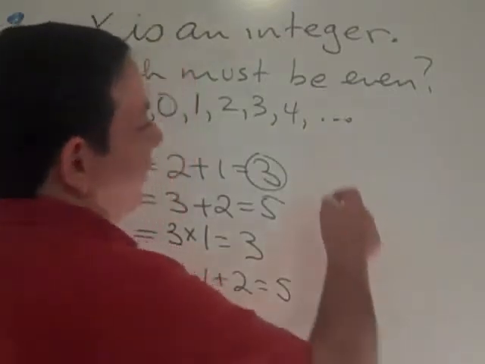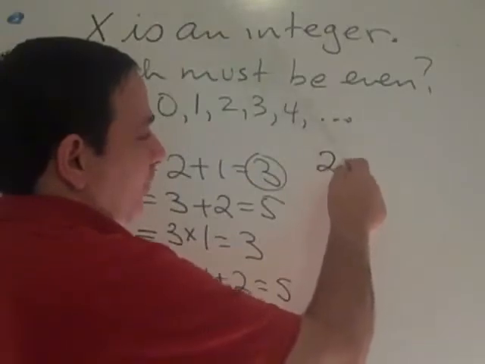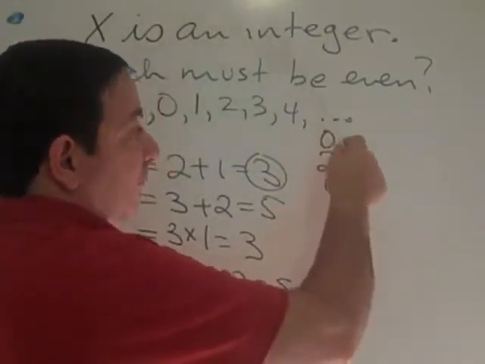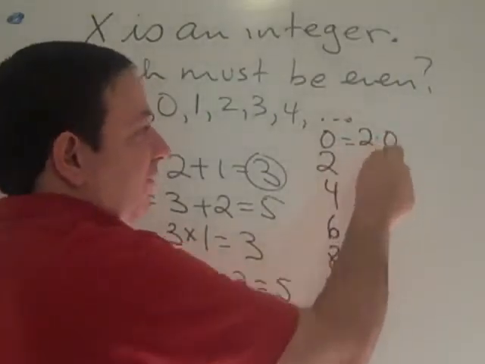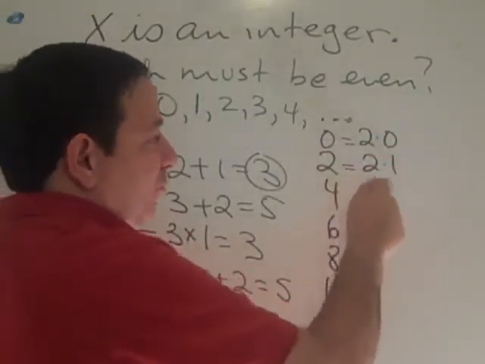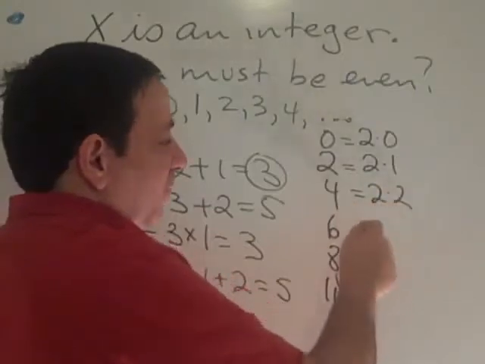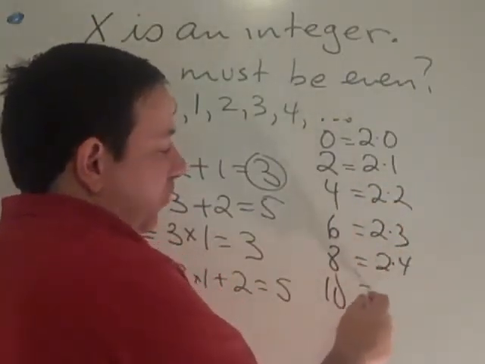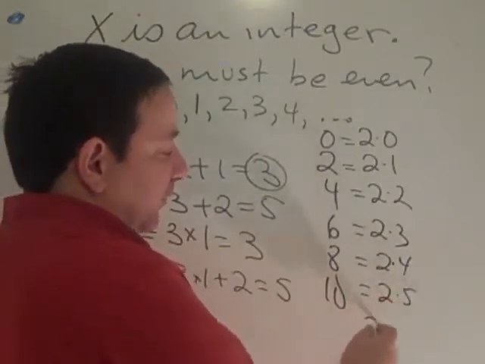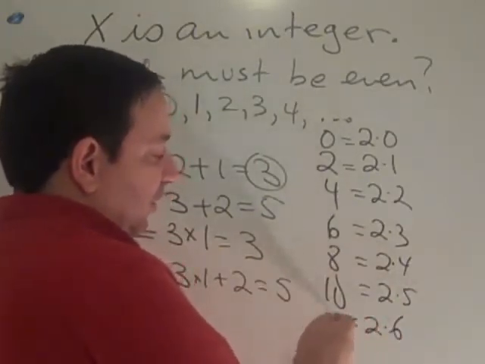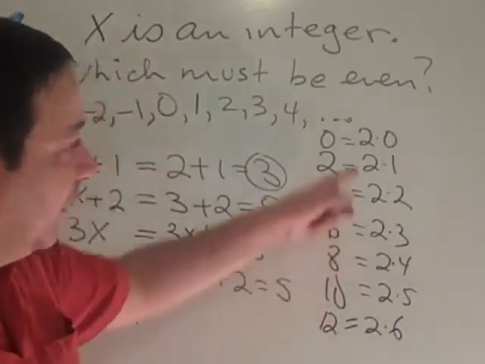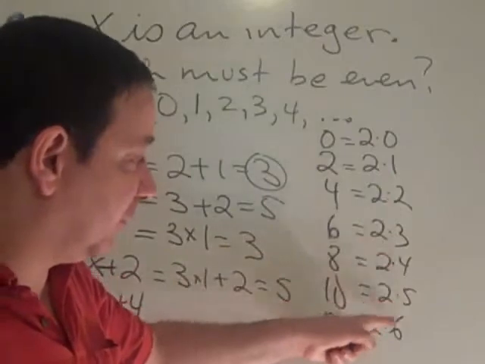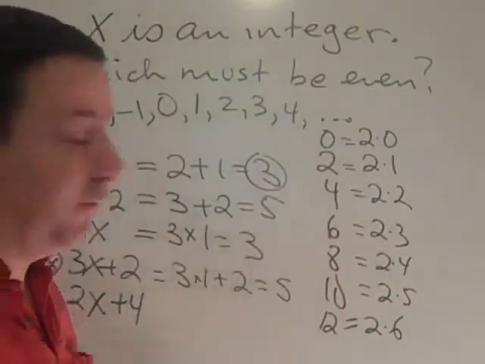What you need to realize is that every even number, 2, 4, 6, 8, 10, 0, it's 2 times an integer. 2 times 1, 2 times 2, 2 times 3, 2 times 4, 2 times 5, 2 times 6 is 12. If you multiply 2 by any integer, you get even.